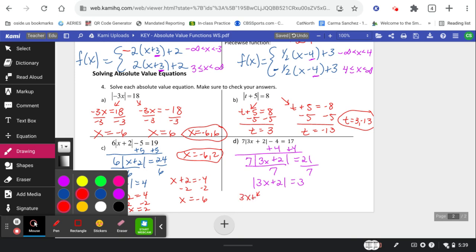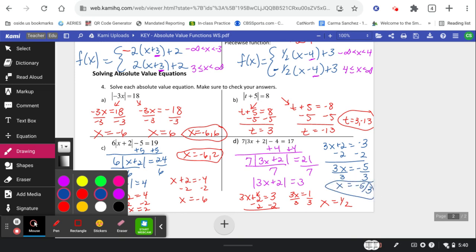I could get 3x plus 2 is equal to positive 3, or I could get 3x plus 2 is equal to negative 3. There's my two answers. I can write them in list form as 1/2, negative 5/3. Are you getting good at solving these? Yay!